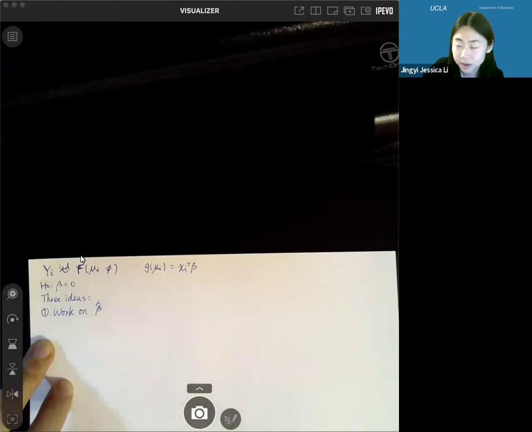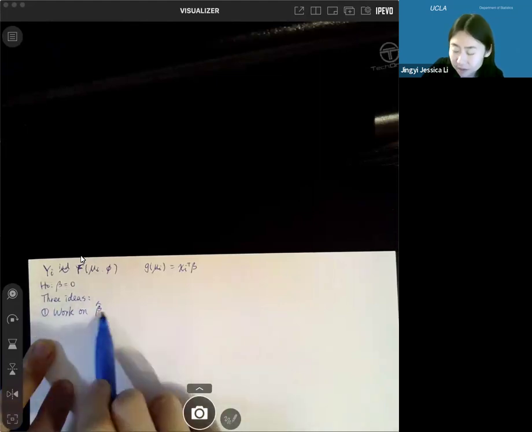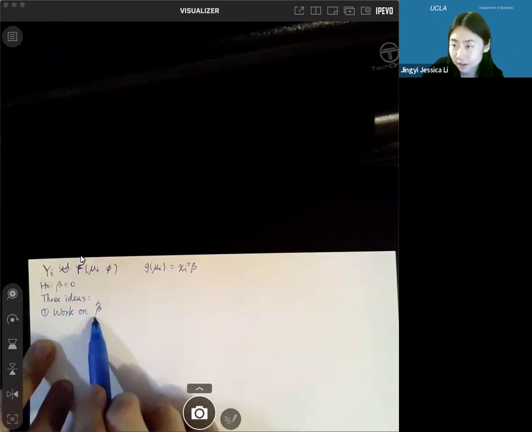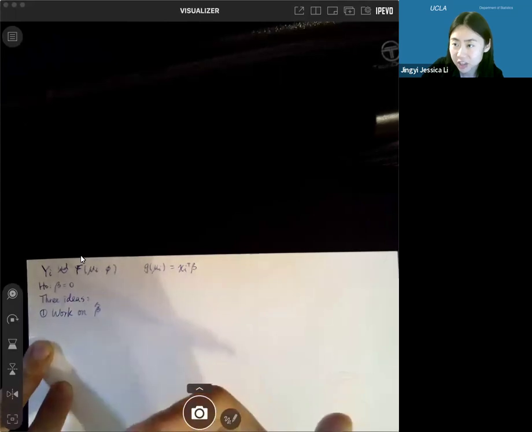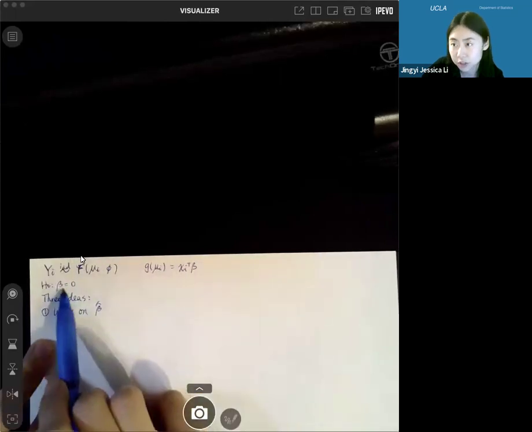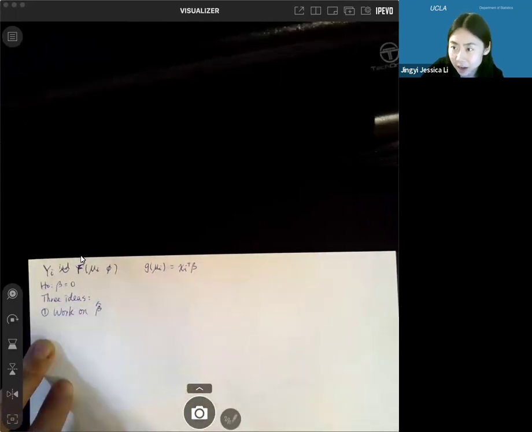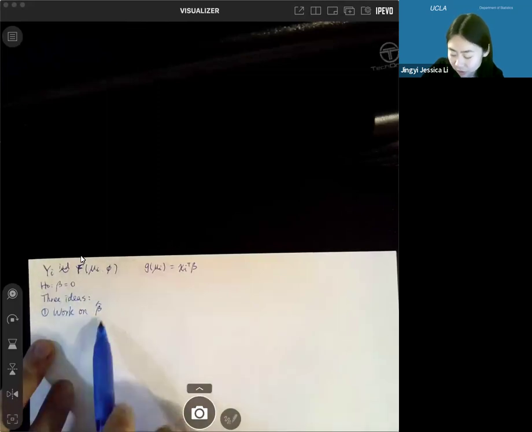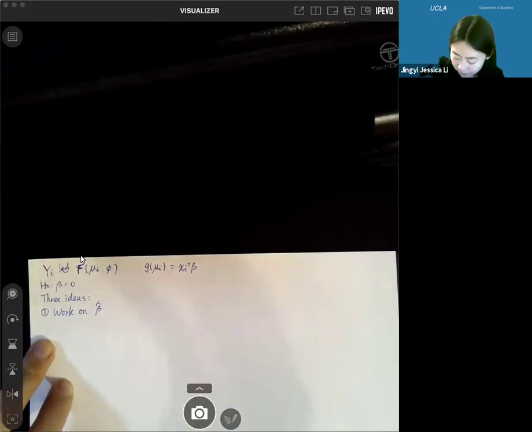That's the intuition. But of course, we must consider the variance of beta hat itself, right? Because the larger the variance, the less certainty, less confidence we have for our decision. So we're in general less likely to reject the null, because with a large variance, even though beta hat is far away from zero, it's still possible that beta is zero. So therefore, considering the variance is very important.